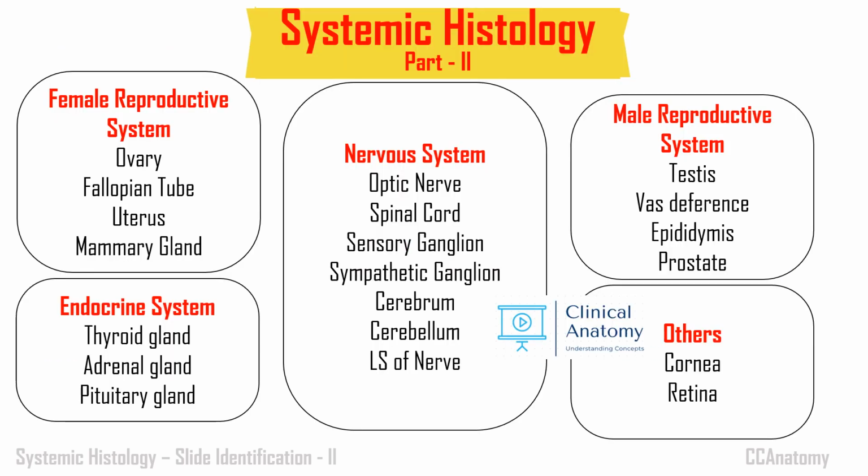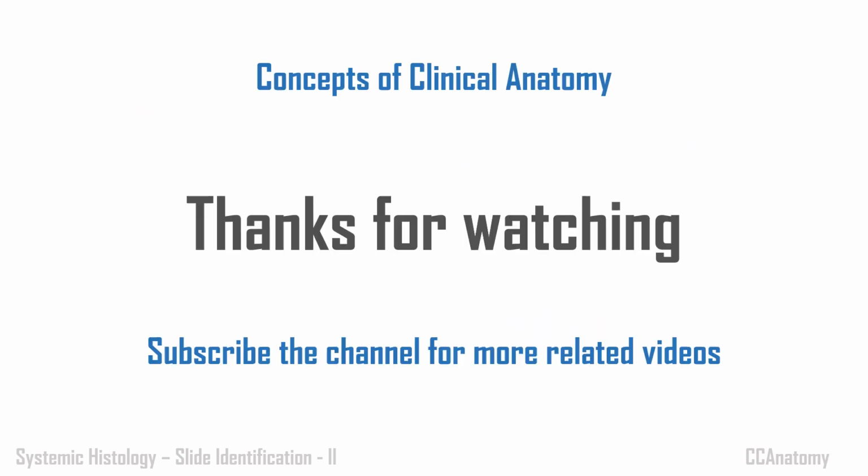So we have completed all the histology slides, starting from the general to the systemic. My tip is to take your time. If 1 minute is the spotter, try to identify the slide by looking into all the fields and rule out the other possibilities.